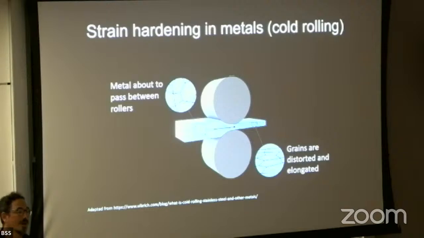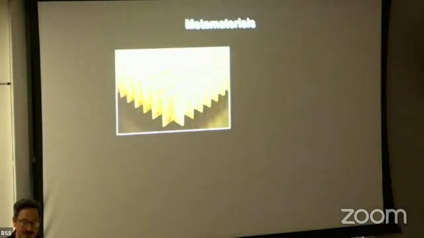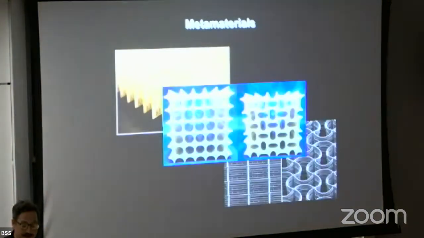But when we start to think about things like liquids, it's a little bit more complicated. And I want to ask the question, can we do something similar to what people have done with solid materials in the realm of metamaterials?